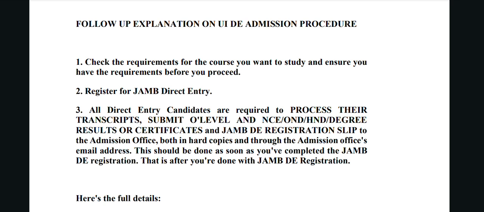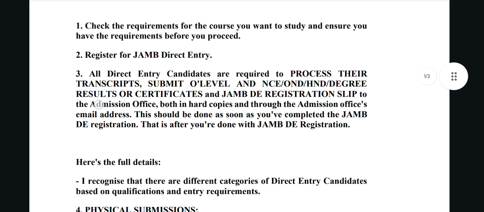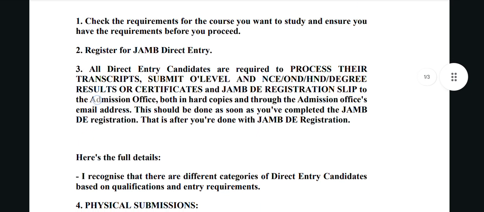It's very important to check the requirement for the course you want to study before you proceed. I think that's a step that at this point you should have crossed.